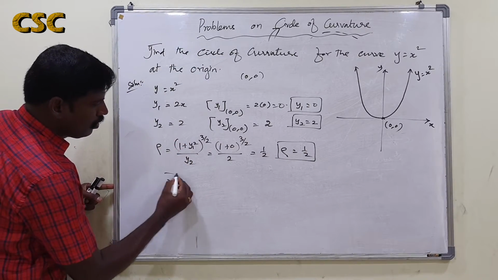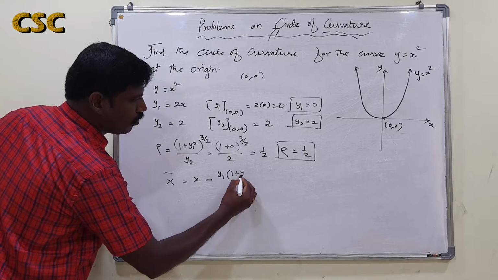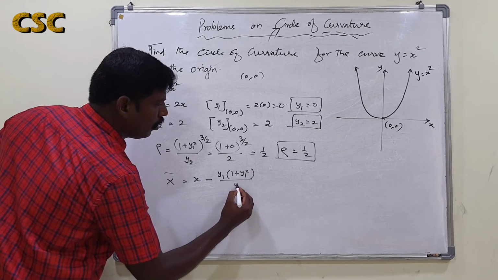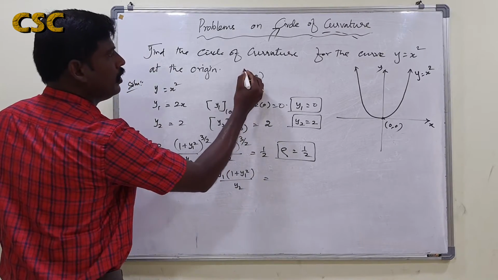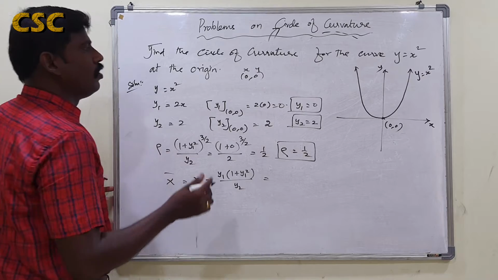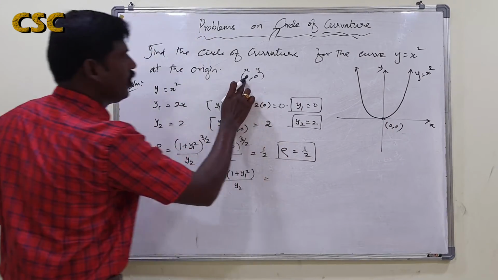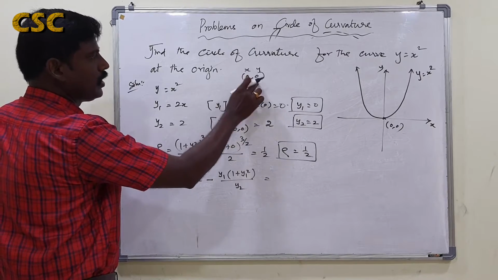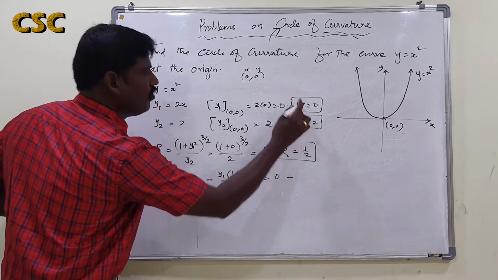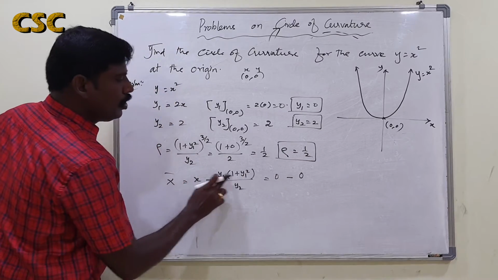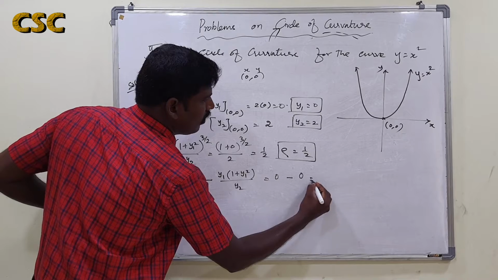What is x bar? What is the formula to find x bar? x minus y1 into (1 plus y1 square) by y2. Here x is 0 and y is 0, because we are finding the circle of curvature at this point. So x equal to 0 minus y1, which is 0, into anything, the entire term will be 0.